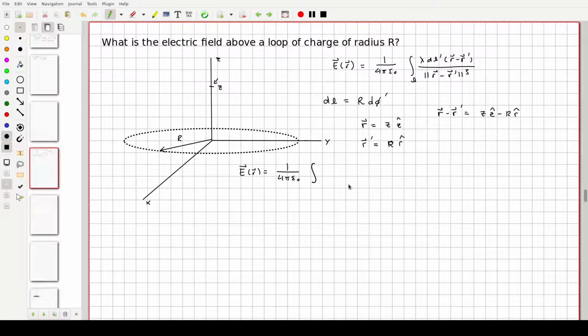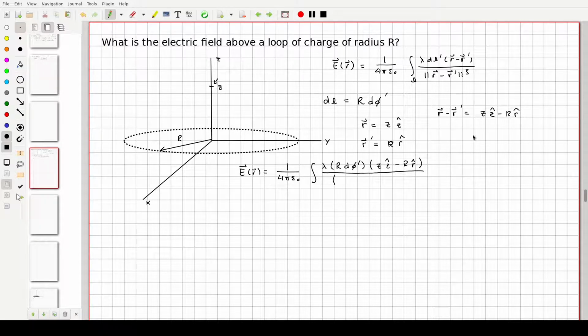We'll talk about limits here in a second. It's lambda dl prime, r minus r prime, divided by r minus r prime cubed.